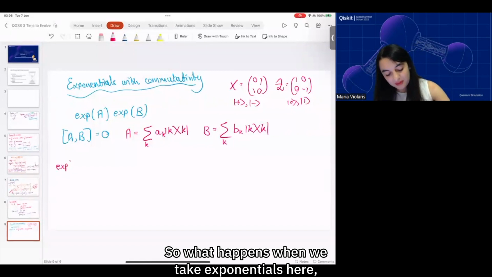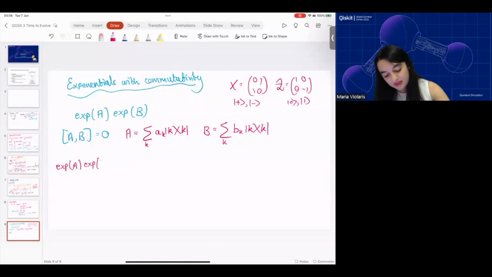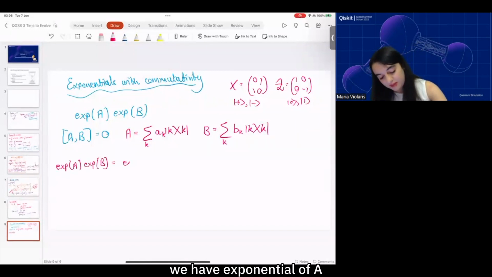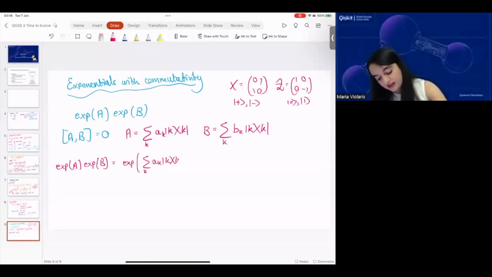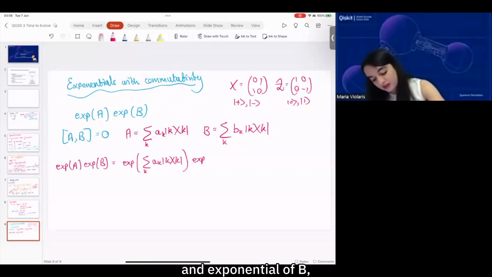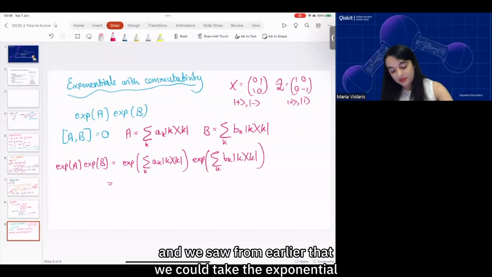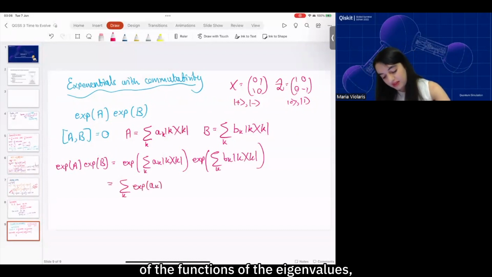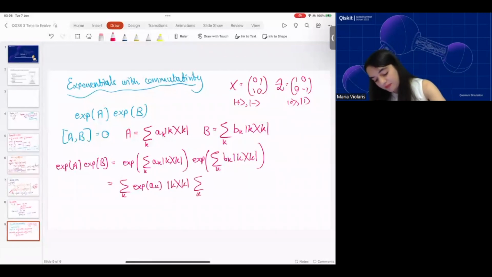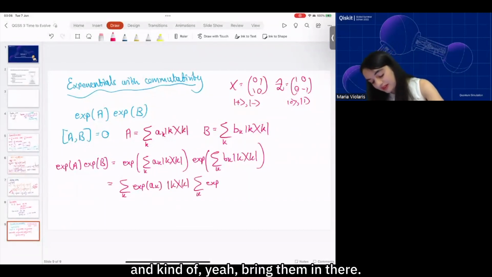So what happens when we take exponentials here? We have the exponential of A and the exponential of B. And we saw from earlier that we can take the exponential of the functions of the eigenvalues and bring them in there.